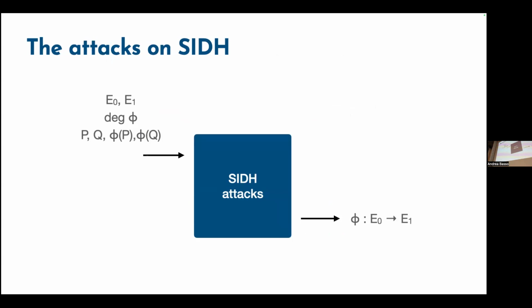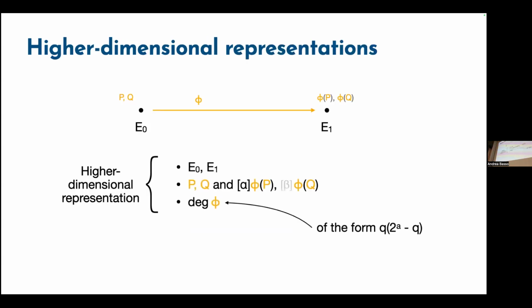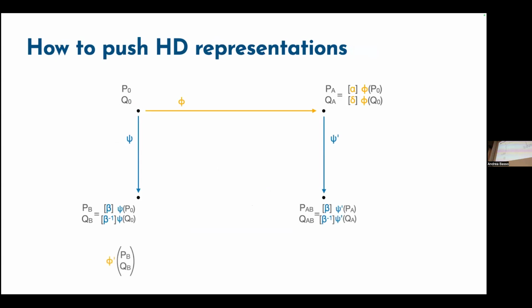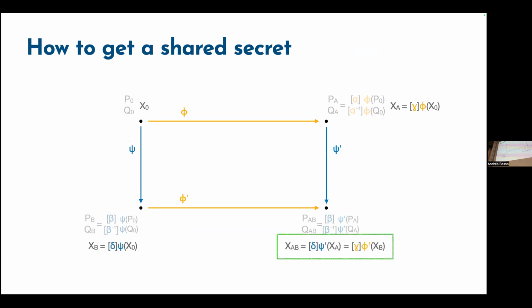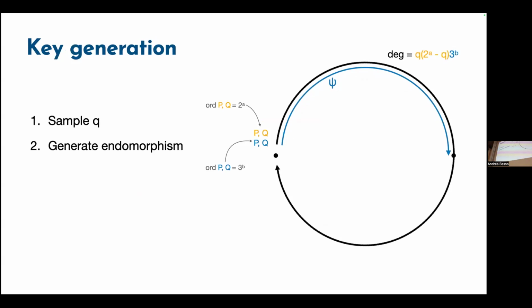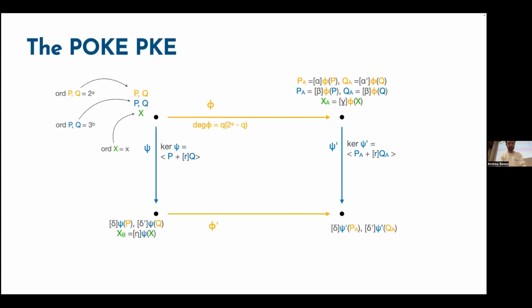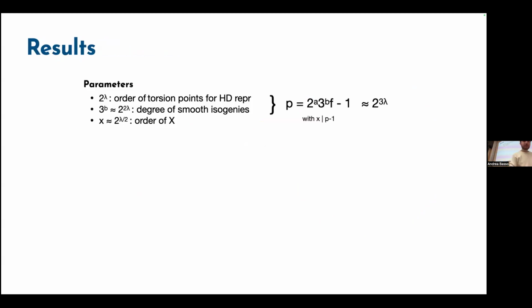I was curious about these improvements you mentioned about the prime characteristic. How can you fit 2 to the lambda and 3 to the lambda inside this prime of that size? Okay, because your 2 to the A is roughly lambda bits, your 3 to the B is roughly 2 lambda, so you have 3 lambda in total, and then your prime is lambda halves.